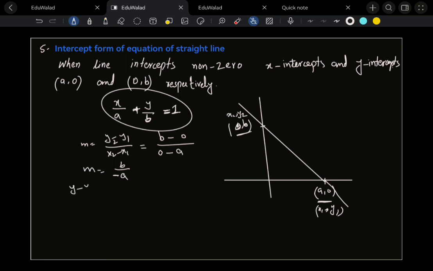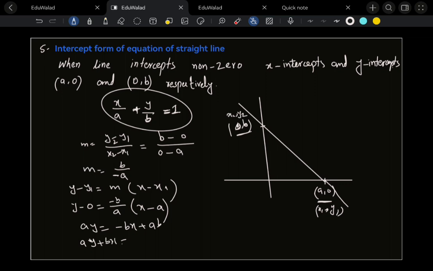So y minus y1 equals m into x minus x1. Putting in the values, y minus 0 equals minus b over a into x minus a. So ay equals minus bx plus ab, so ay plus bx equals ab.